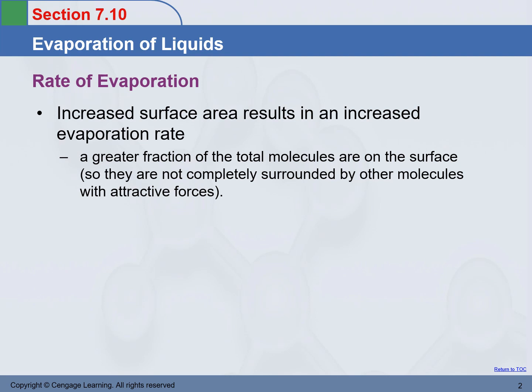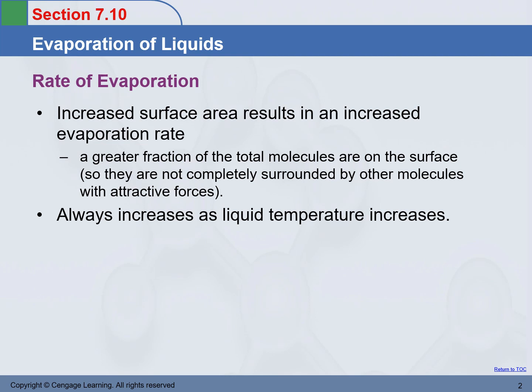We learned that at the beginning of this chapter when we first introduced the kinetic molecular theory. The higher the temperature, the greater the kinetic energy. As a result, when you raise the temperature of a liquid, more molecules will have enough kinetic energy to overcome the potential energy or the attractive force to get evaporated. So the higher the temperature, the faster the evaporation.